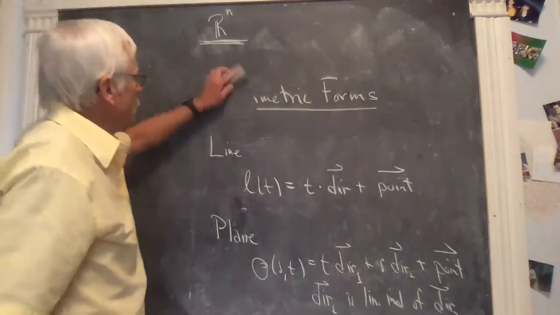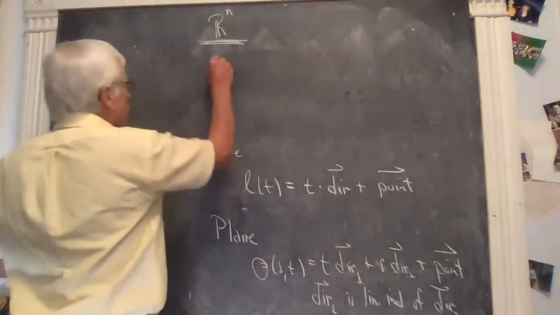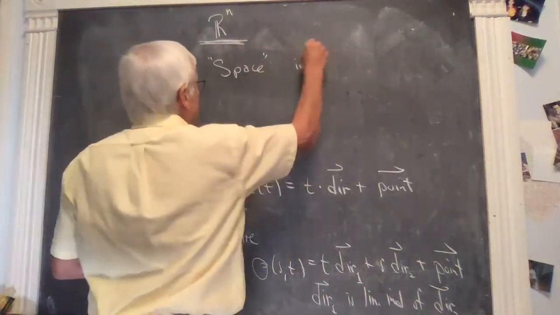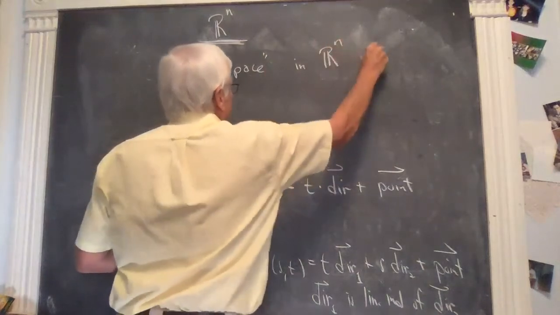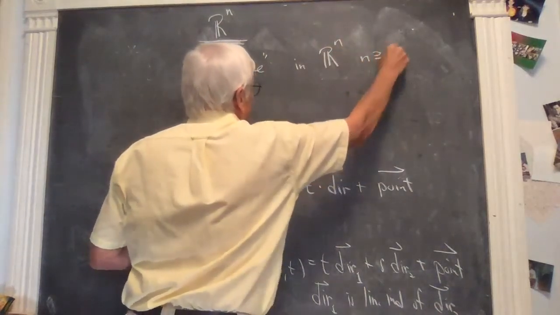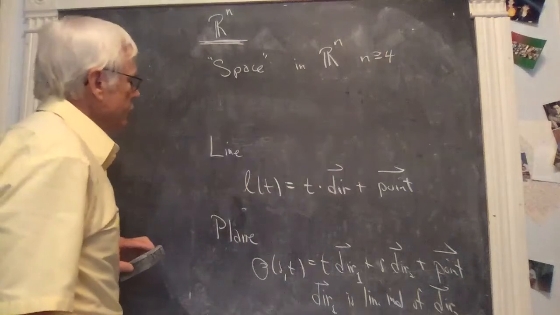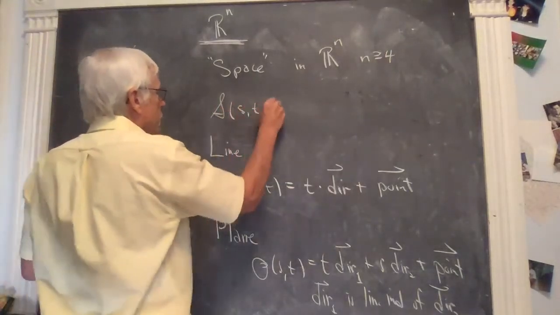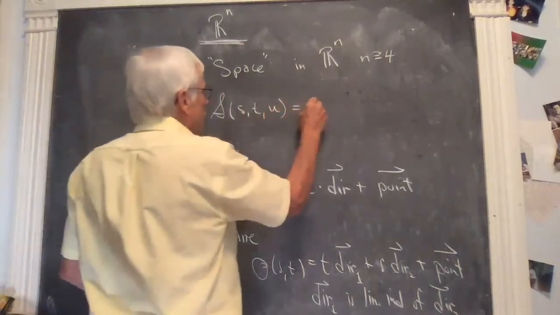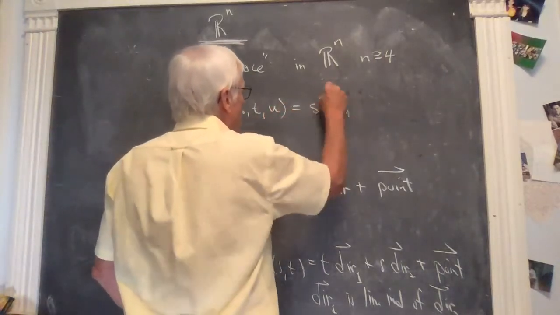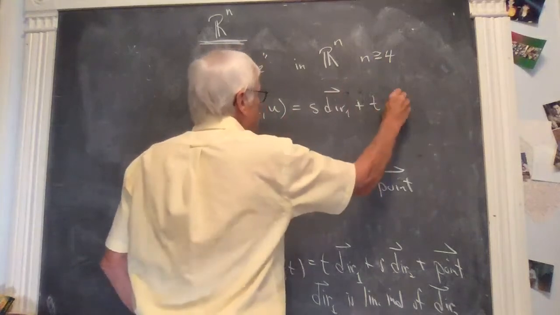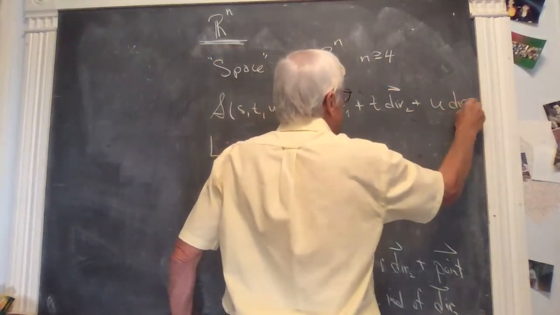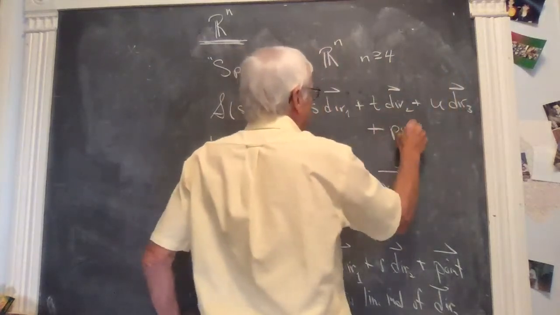And moving up in the world here, we can also have a 3D space in Rn, as long as n is bigger than or equal to 3, or let's say 4. In which case, the space of s, t, and I'll need one more, say u, is equal to s times dir1 plus t times dir2 plus u times dir3 plus a point on it.